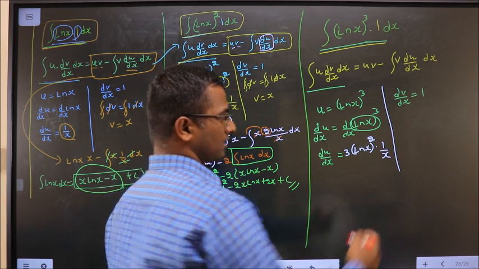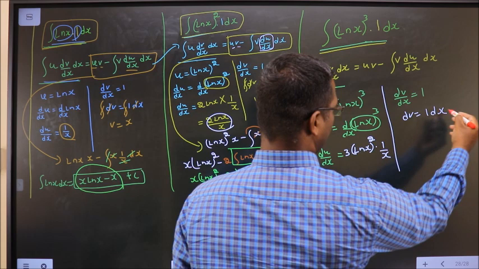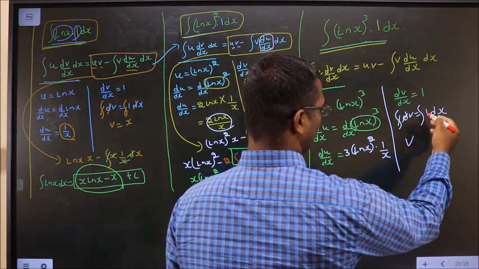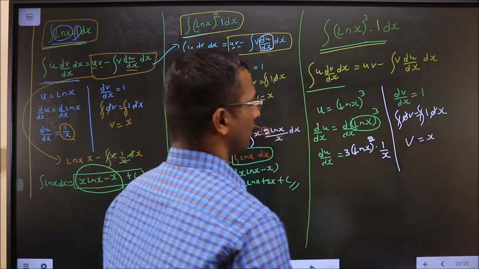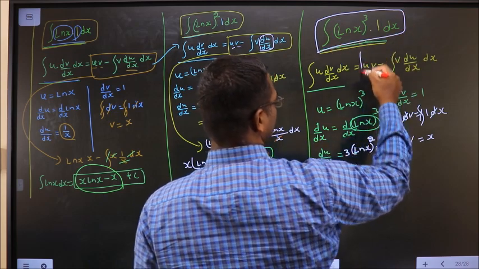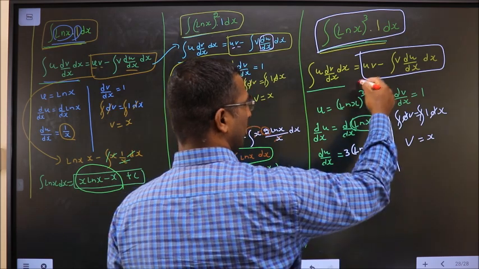Okay. Next, here send dx to the other side. Now integrate on both sides. This cancels out. Here 1 will not play any part, cancel out, v is x. Okay. So now the answer to this one is nothing but this side. So replace all of these in this.